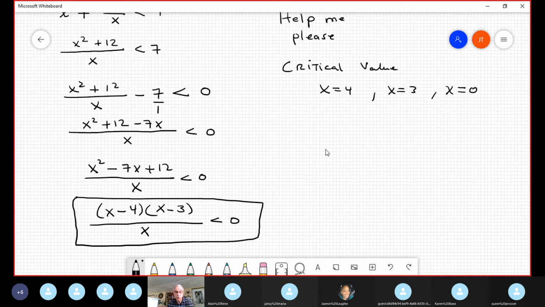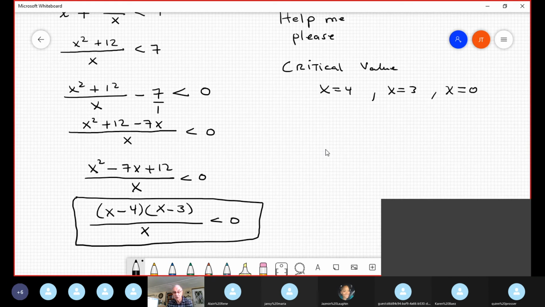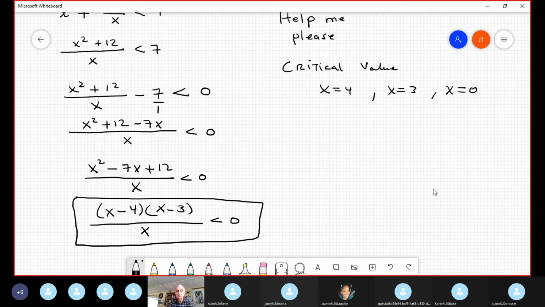In conclusion, we have the rational expression, and you consider that the critical values are the zeros of the top numerator and denominator. Okay? And these critical values always help me to do the partition of the whole real number line.